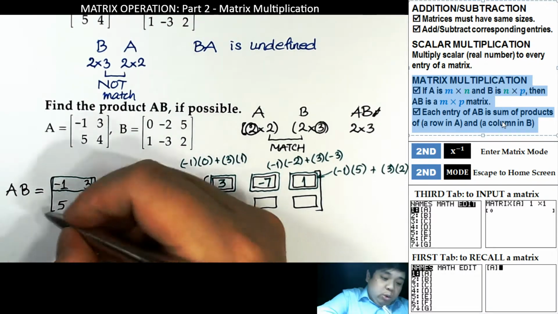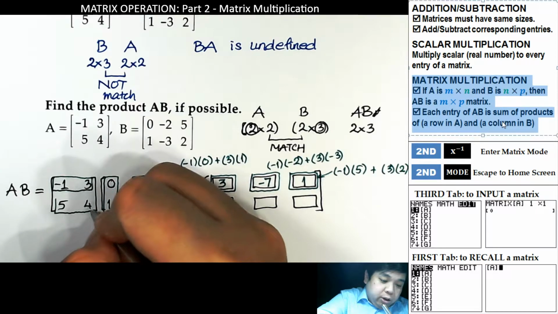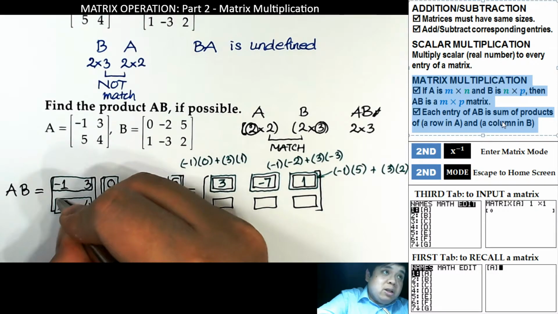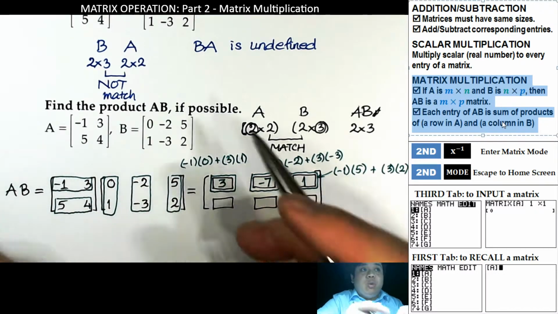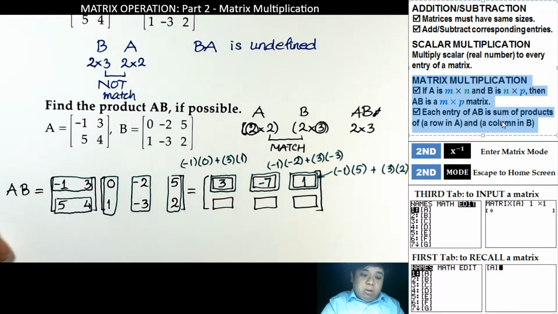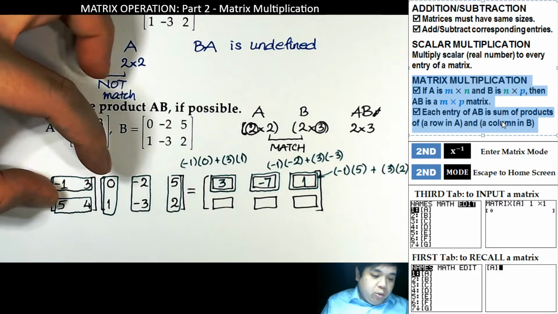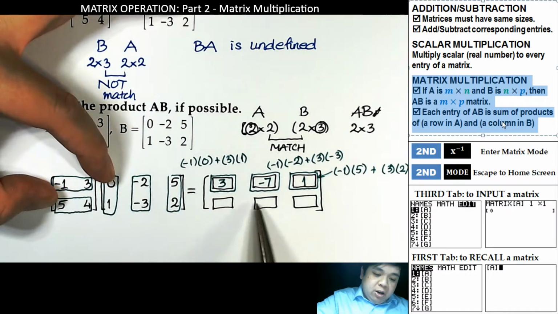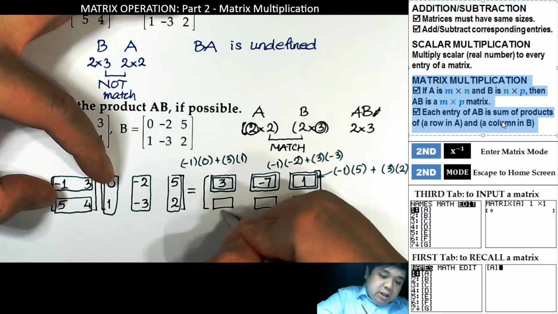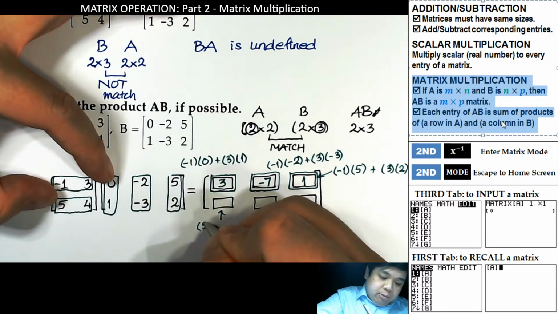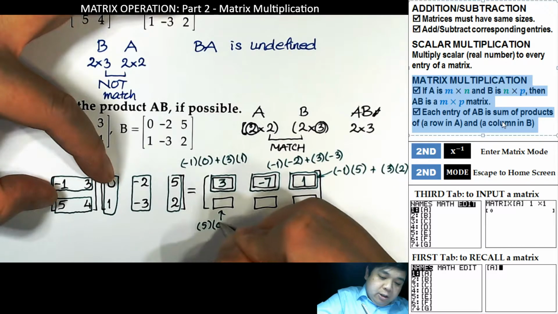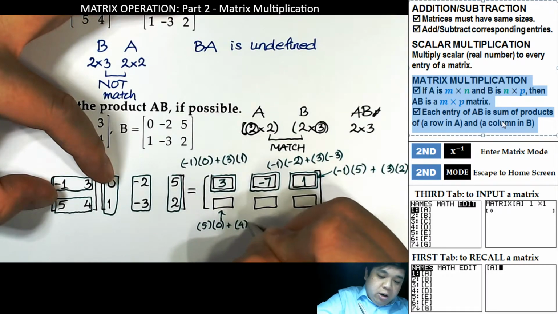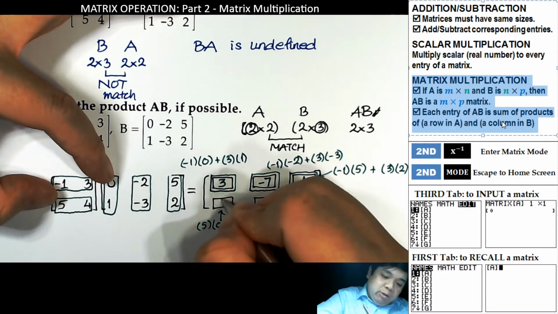Pretty much we just take a row of the first matrix and a column of the second matrix, multiply, add up the products, and we have one entry of the product. Second row, first column entry: 5 times 0 and 4 times 1, that will be 4.